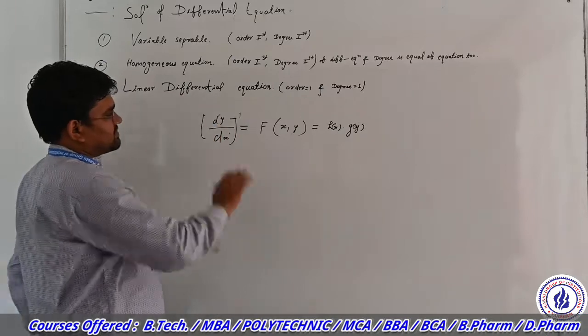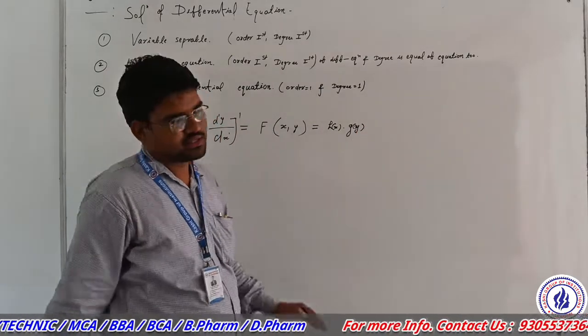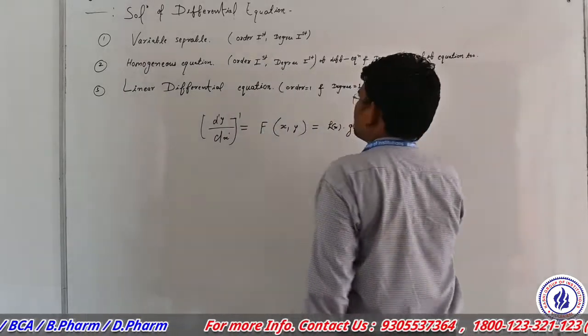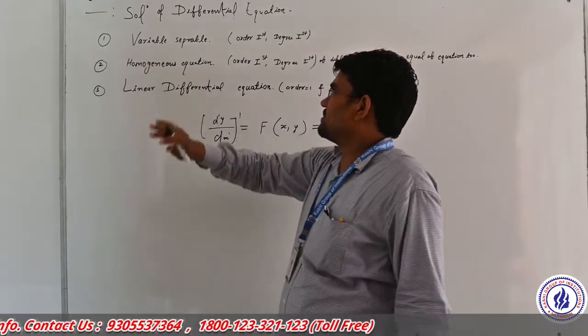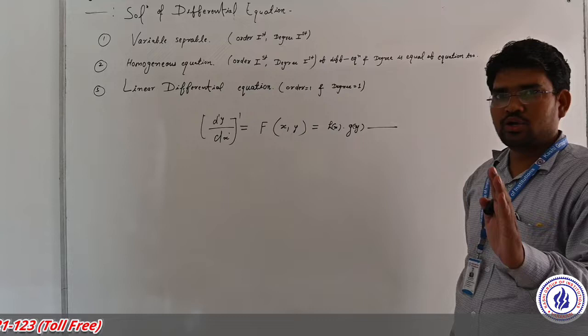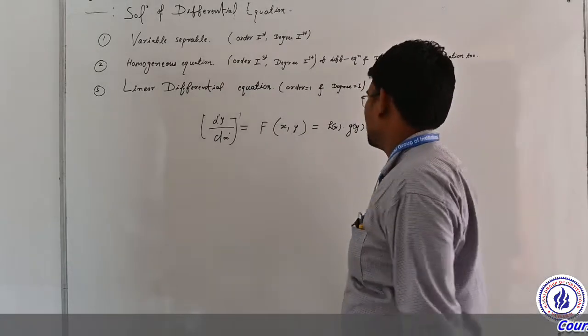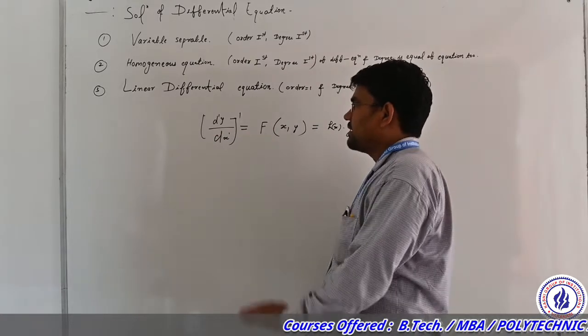So we say this is a first order and first degree differential equation. Whenever we apply variable separable, there must be order 1 and degree 1 of the differential equation.